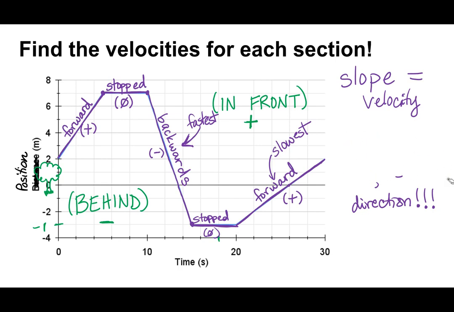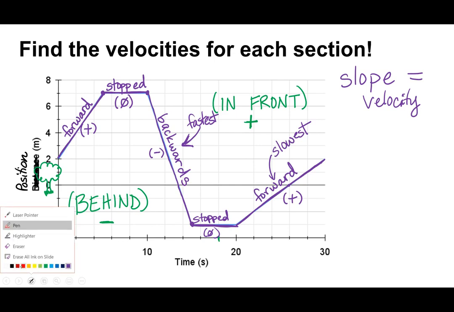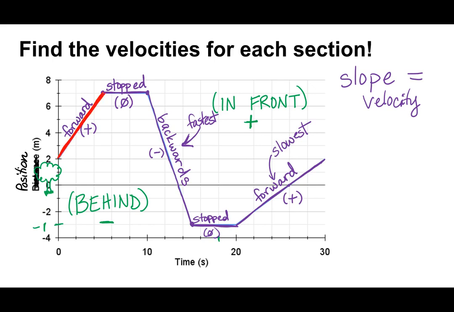And so for that, what if I erase all of this and take a new color of red? All right, I'm going to look at this line right here. For this line, I know I am moving forward. And I can find the slope of this line, which will tell me the velocity. There are a couple of ways you can do this.